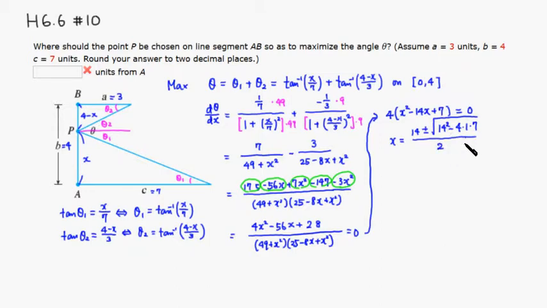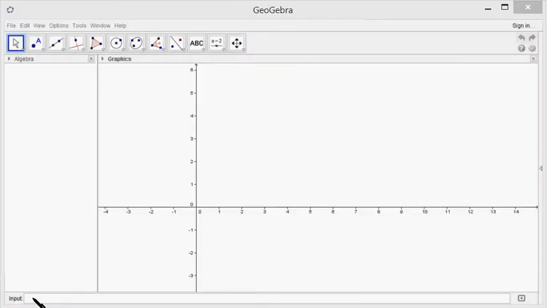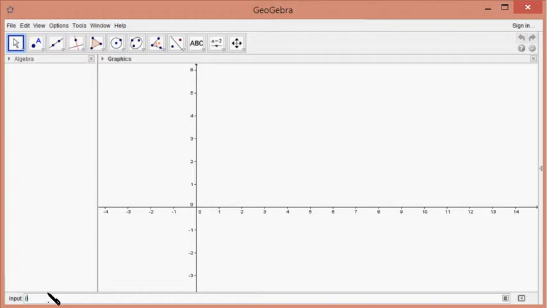Let's compute this value. 14 over 2 is already 7, so it's going to be 7 minus the square root of 14 squared minus 4 times 7, then divided by 2. Did I get that correctly? Hit enter.